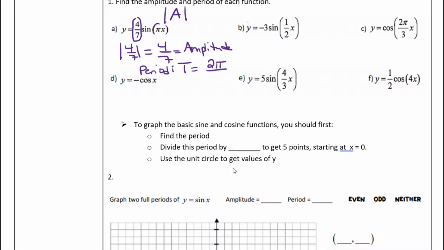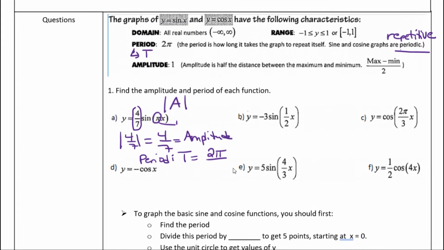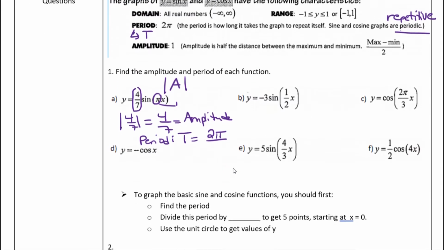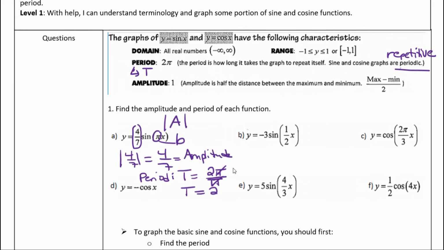The B term is this one right here. So 2 pi over B, and B is pi. We plug that in, and we get a value of 2 since the pi's cancel. So that's our period. Pretty straightforward.